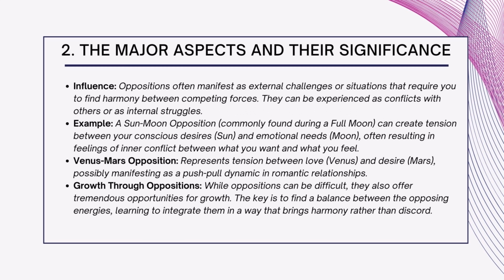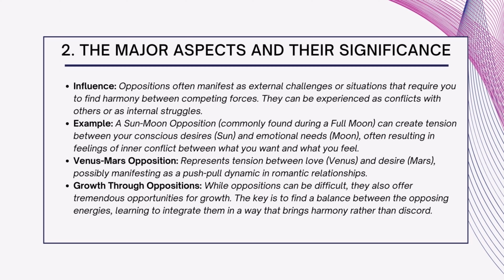Influence. Oppositions often manifest as external challenges or situations that require you to find harmony between competing forces. They can be experienced as conflicts with others or as internal struggles.